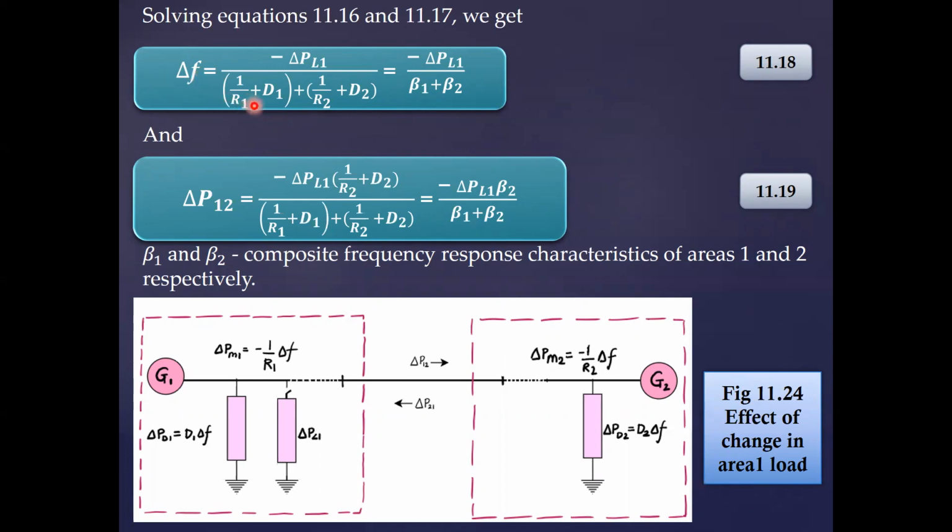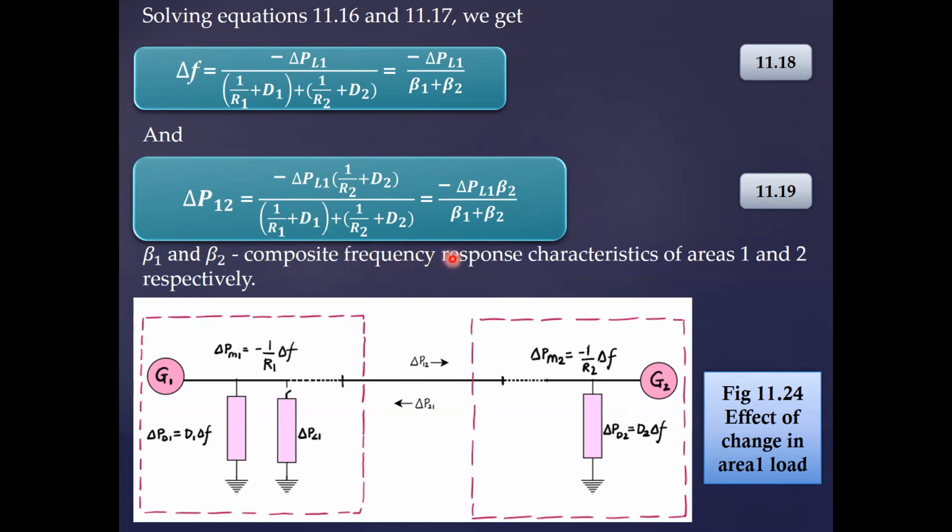If you want to write the change in the power flow through the tie line, it is this one. Because it is del P times beta 2, finally we write it this way. I think we have earlier referred to the composite frequency response characteristic, because it takes into account the droop part and then again the load damping factor part here.